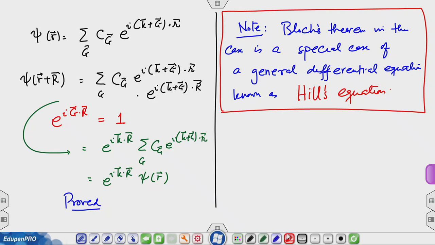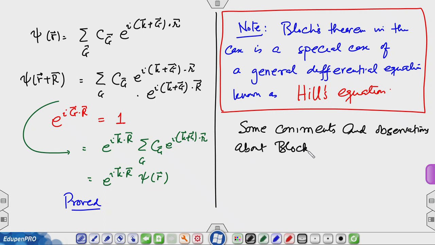Now, let me just write some comments and observations about Bloch's wave function, and therefore, this is going to be useful in discussing electronic properties of these systems.